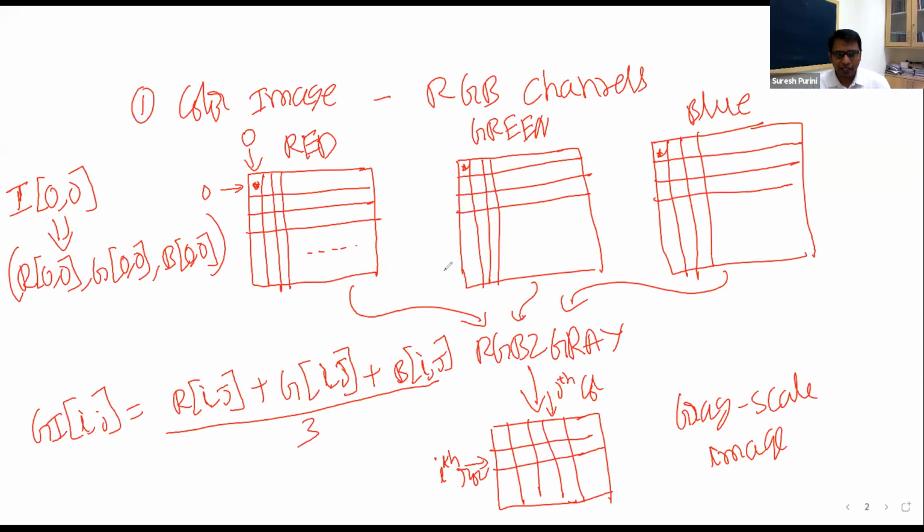There are different ways of combining these RGB pixels. But the point is, your grayscale image is some function of the RGB pixels. It's just an example. Thank you, Shreyash. So it's average, it's easy.